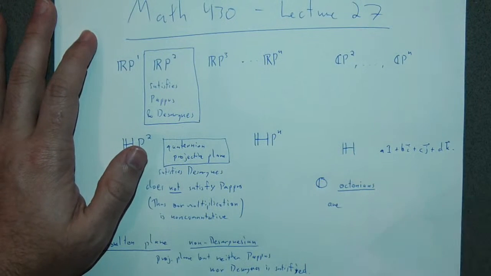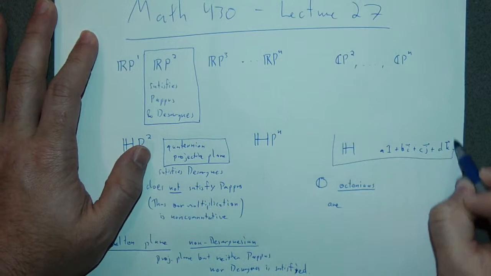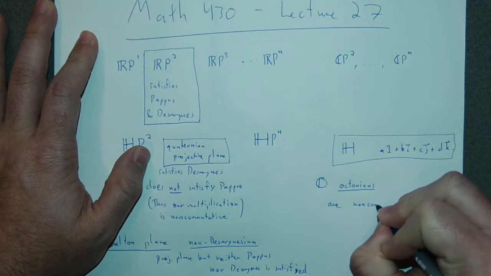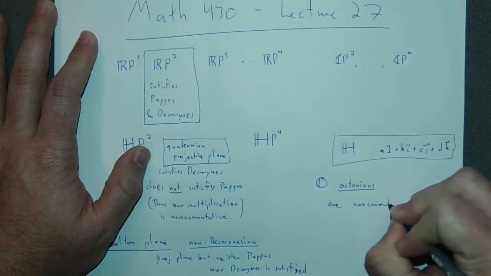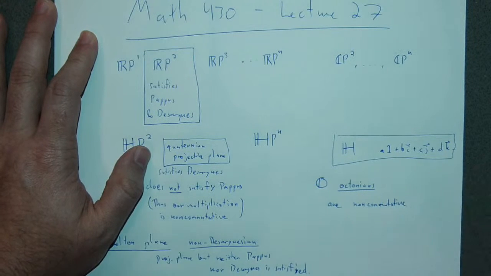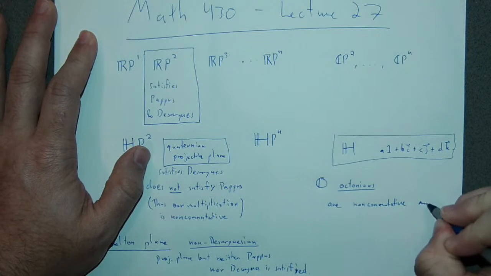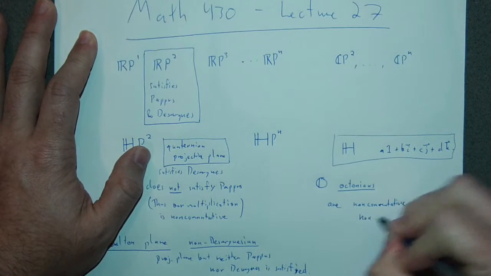So the Octonians define a number system just like the Quaternions, except the Octonians are non-commutative. So multiplying 2 elements in the Octonians together, that multiplication is non-commutative and non-associative.